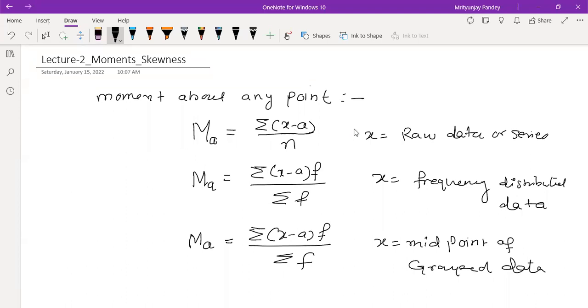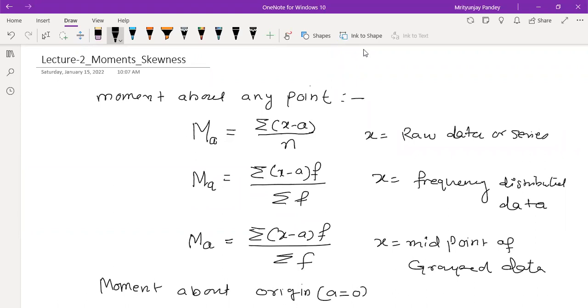But before that, I will write the second type of moment. Moment about origin. Origin means A equal to 0.